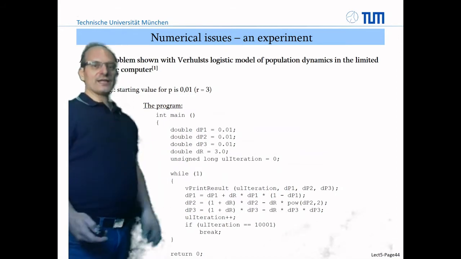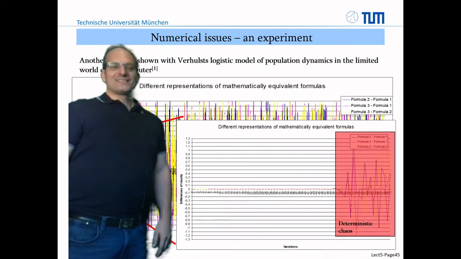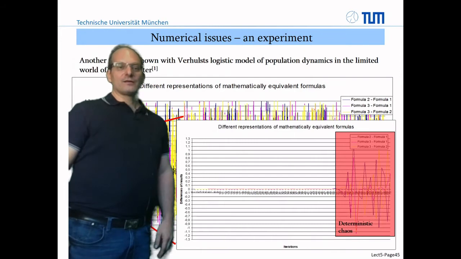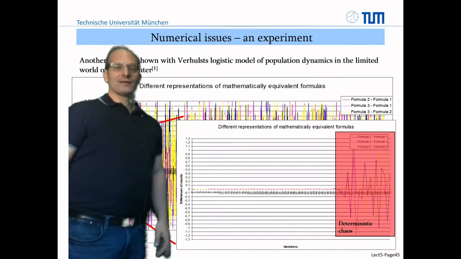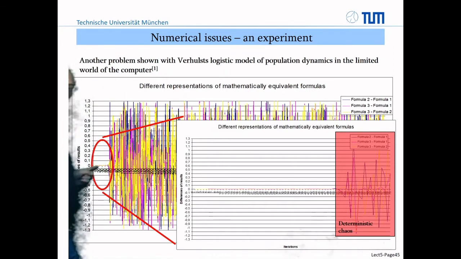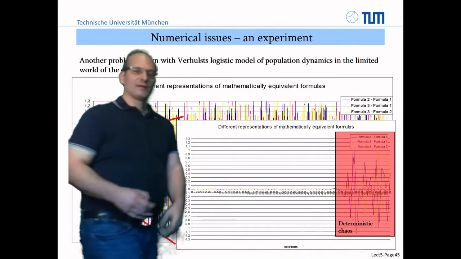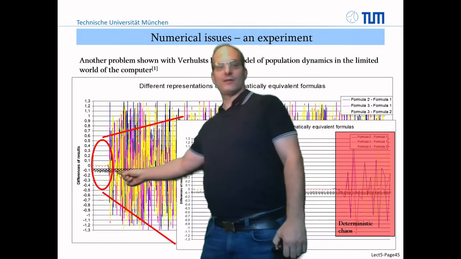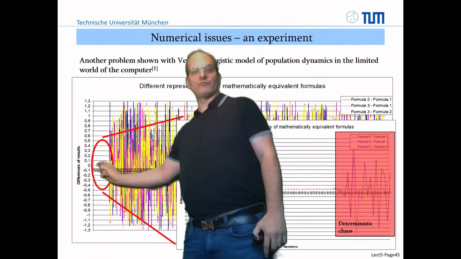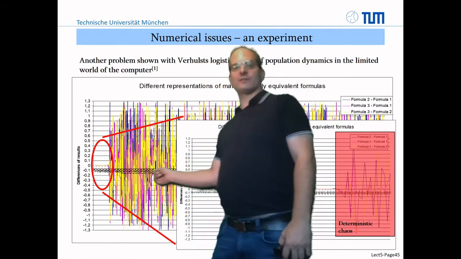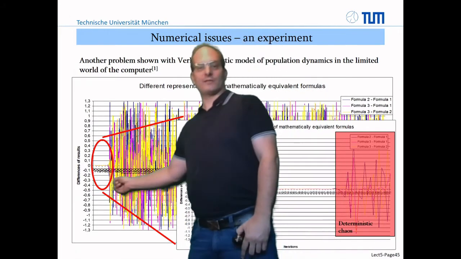And if you calculate this, you'll see that you have the same situation again. In the first steps here, you have comparable results, and then it starts to become chaotic.